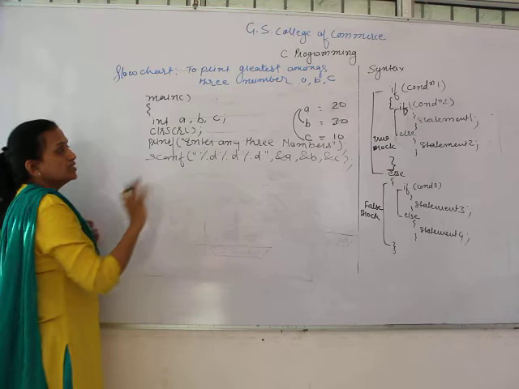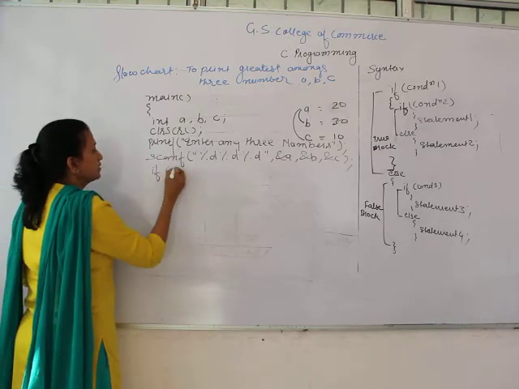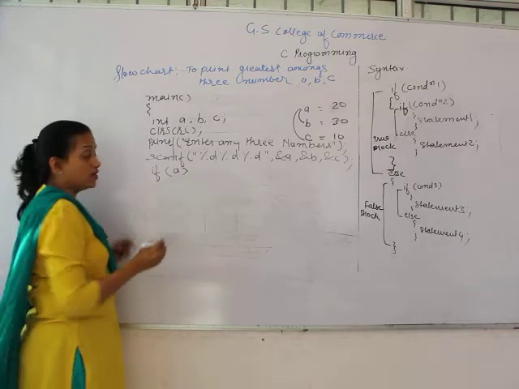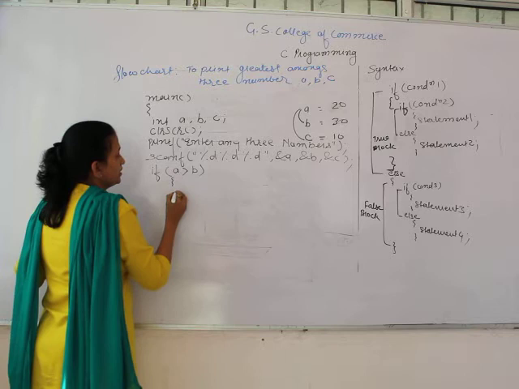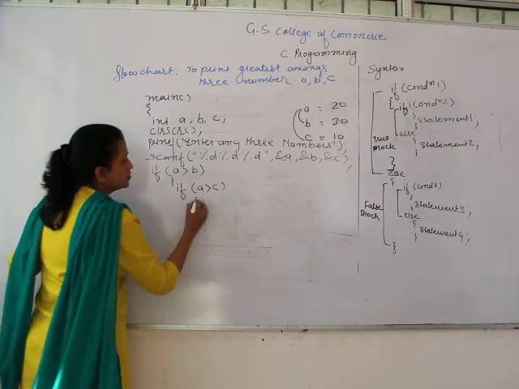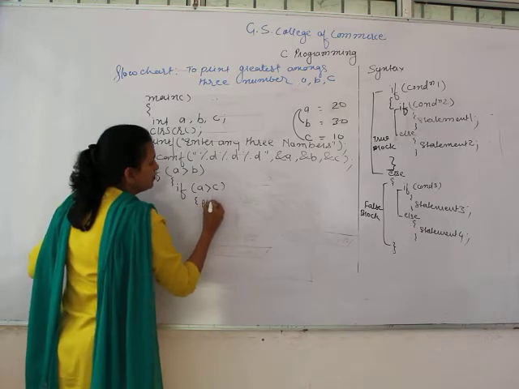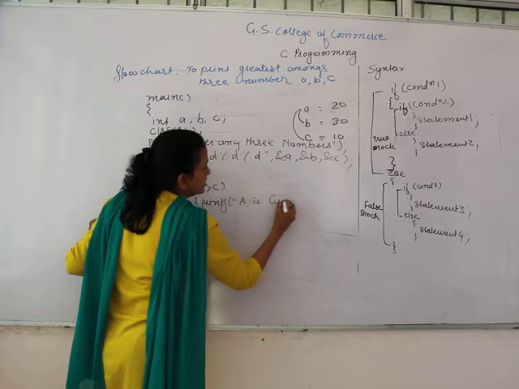Once you get the values of A, B, C, then start comparing. You have to specify the condition. If A is greater than B, and if A is greater than C, then here you have to print that A is greatest.